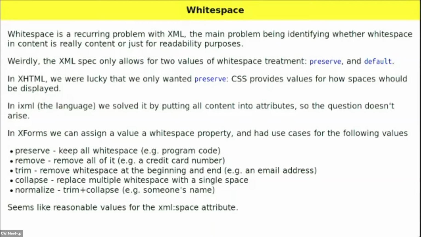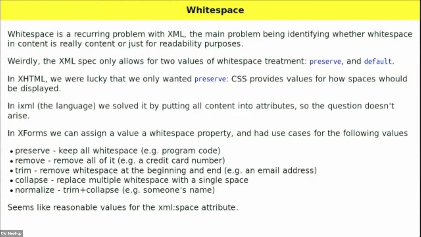exactly exclusive values. We were lucky that we only wanted preserve, because CSS provides the values for how spaces should be treated when displaying. So we had control over that. In other words, preserve and default for us were exactly the same. We solved this in IXML by putting all content into attributes.